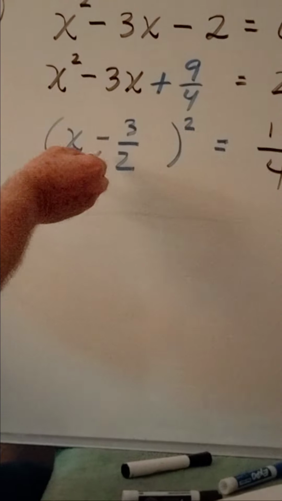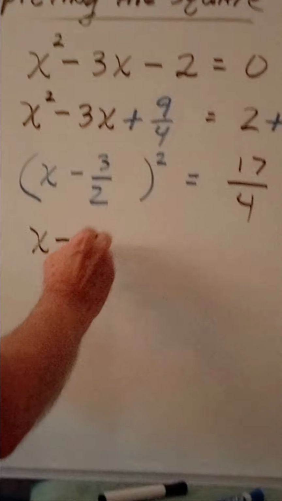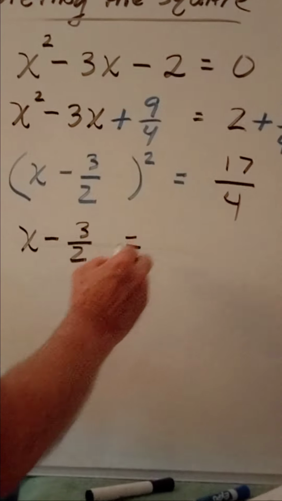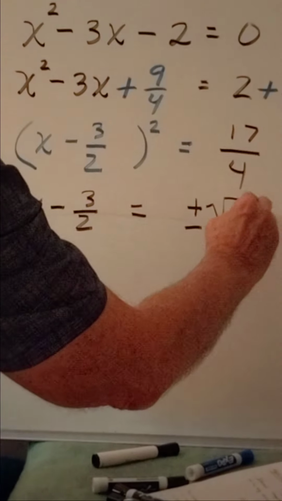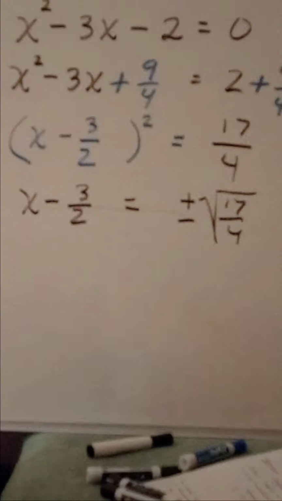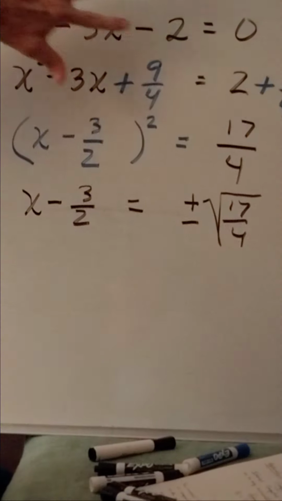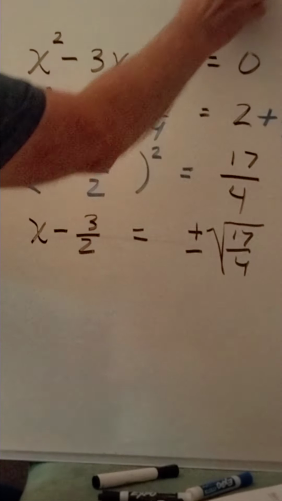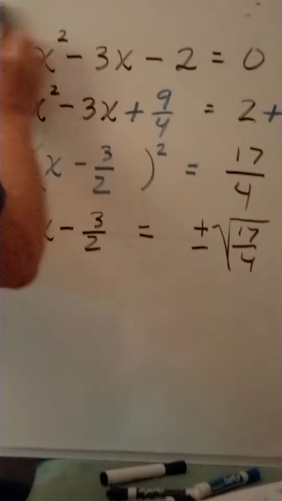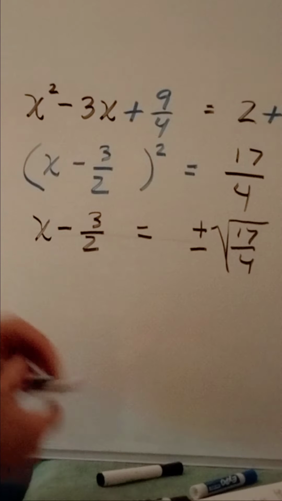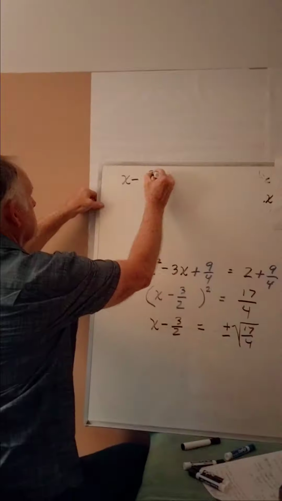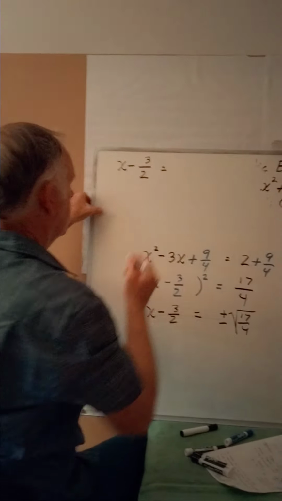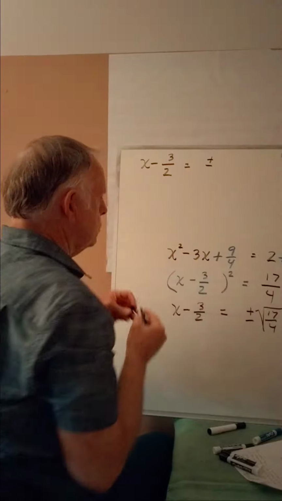Now, let's find the square root of the left, and that'll be x minus 3 over 2. And on the right, that will be equal to positive or negative root 17 over 4. I'm going to kind of erase up here. I'm going to bring up this x minus 3 over 2. And that's going to be equal to plus or minus.